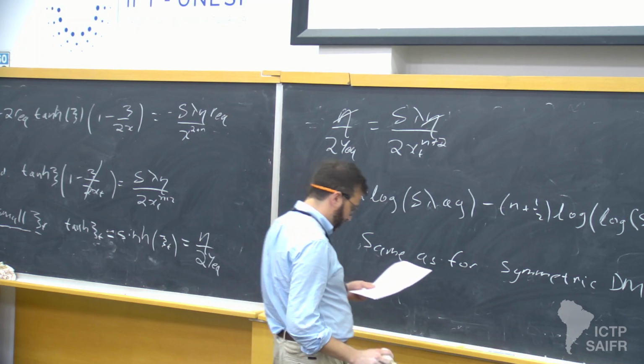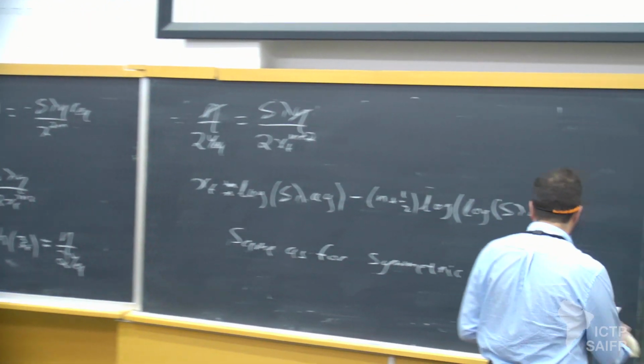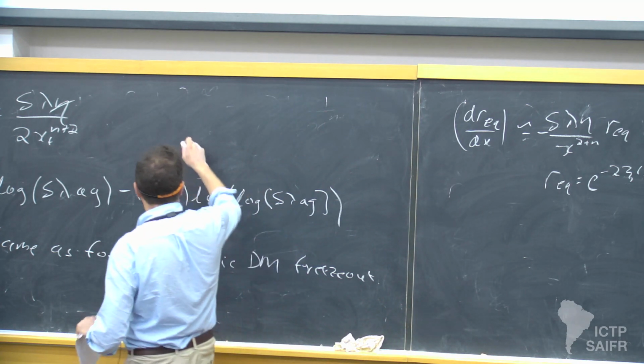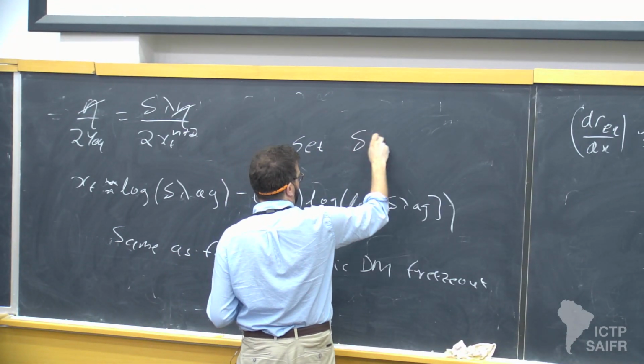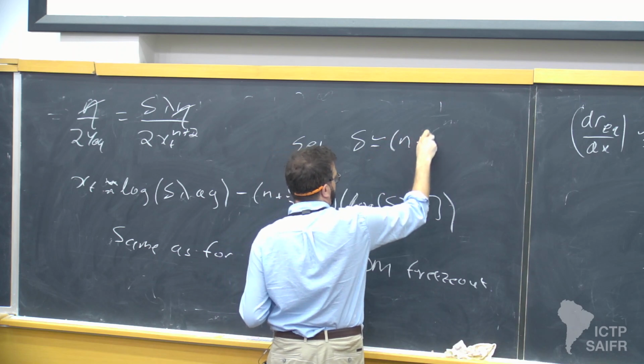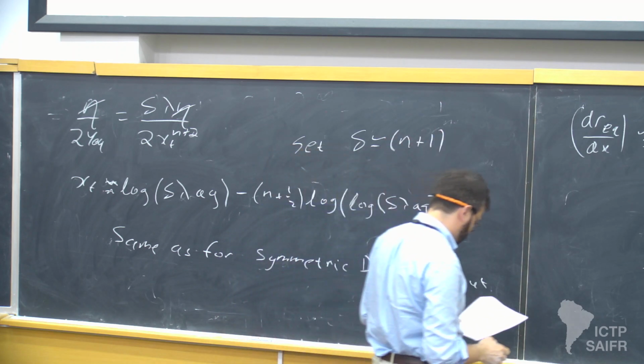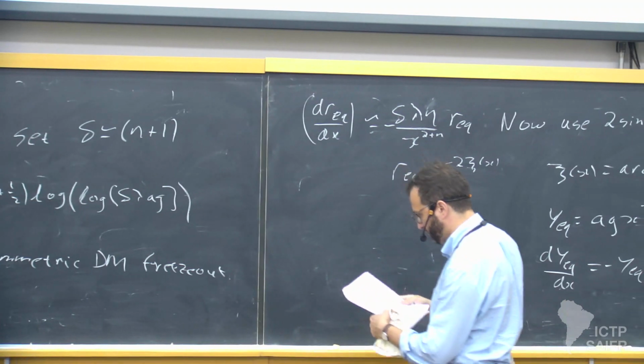Okay, the same as for symmetric dark matter freeze out, you can set delta to be basically n+1 to get a good approximation.